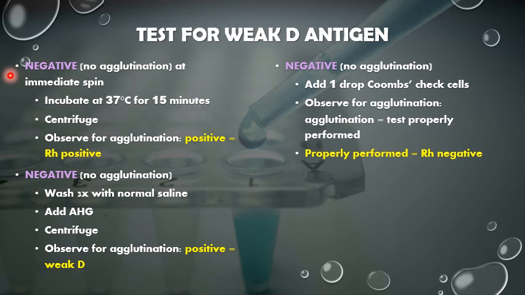If there is presence of agglutination, it indicates that the test is properly performed. No agglutination indicates that the test is not properly performed, and the test should be repeated. If properly performed and still negative, then the result is Rh negative.